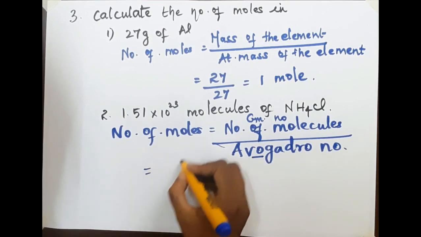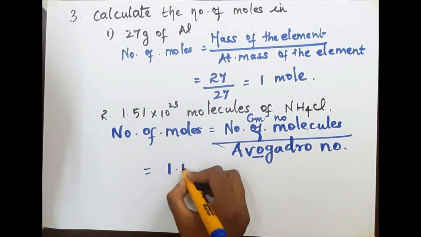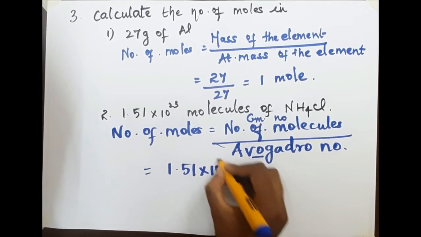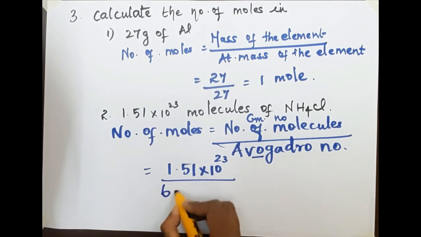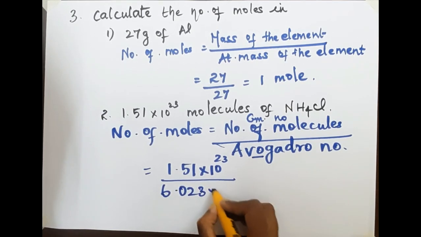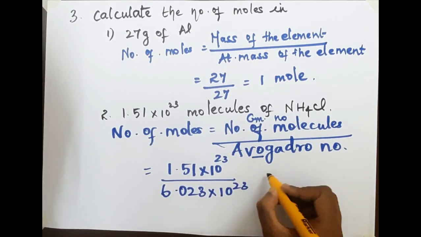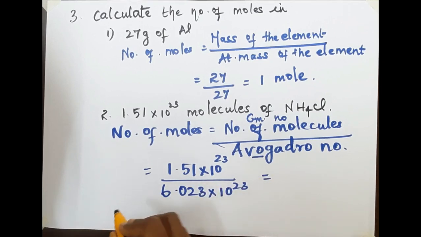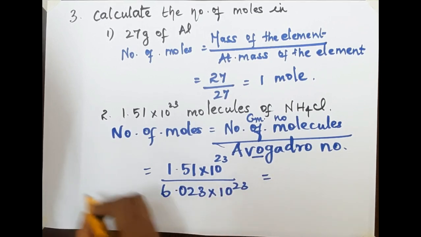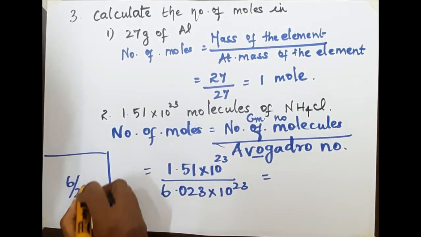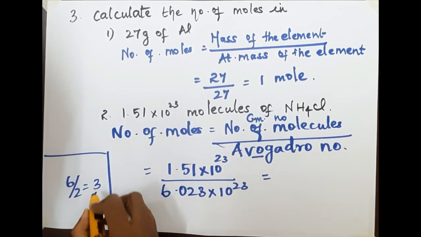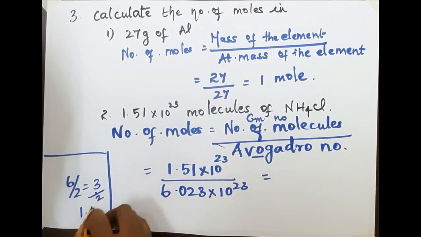Okay. Now, what is the value given? 1.51 into 10 power 23. What is the Avogadro number? It is 6.023 into 10 power 23. Children, just do the mind calculation, this is the rough work. In 6, half is 3. In 3, half is 1.5.